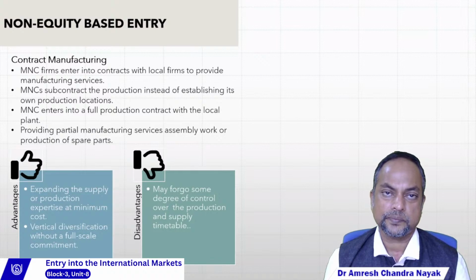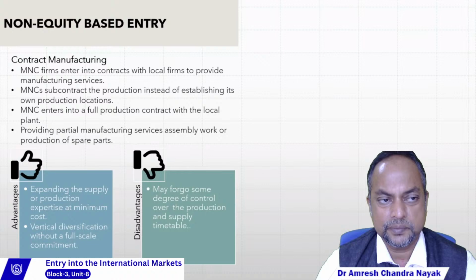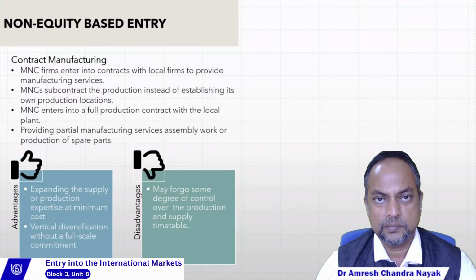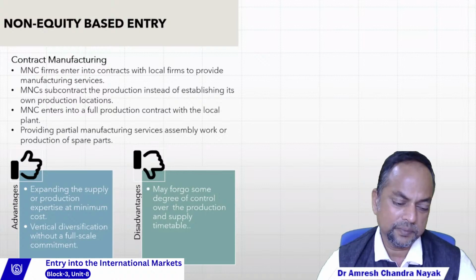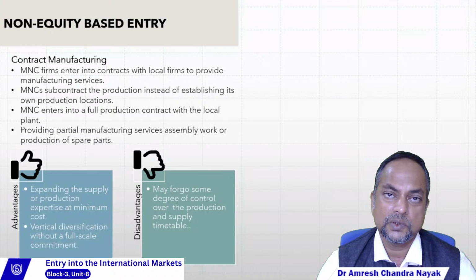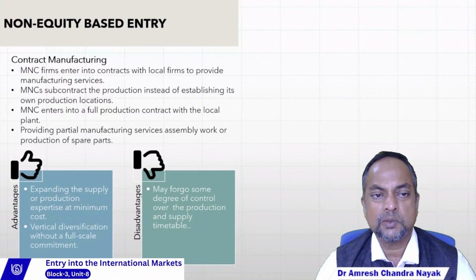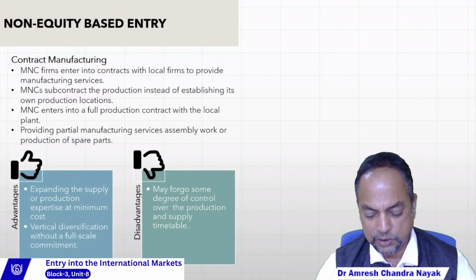A wholly owned organization, not partially. So whenever we talk of this phase of the organization, maybe in the initial days, organizations do outsource their manufacturing processes by the mode of a contract with a local firm.